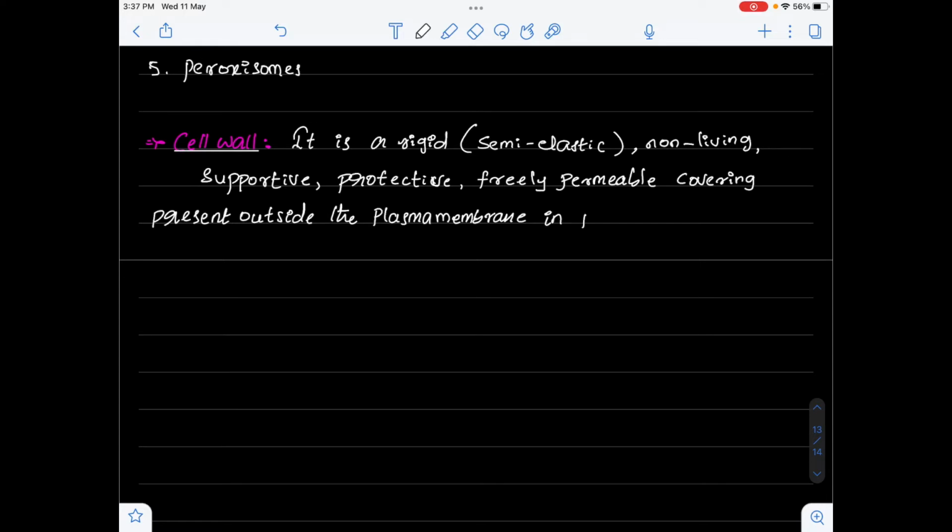in plant cells, fungi, some protists, and prokaryotes.